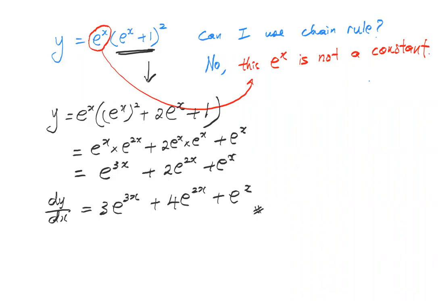Hello? So you must know when you can use chain rule and when you can't use chain rule. Okay, now I got one more for you. If I have y equal to x times the square root of x minus 1, is it possible for me to use chain rule to find the derivative?